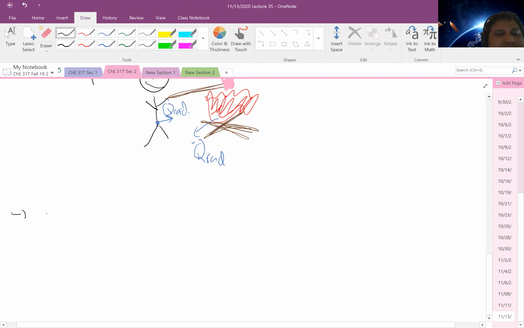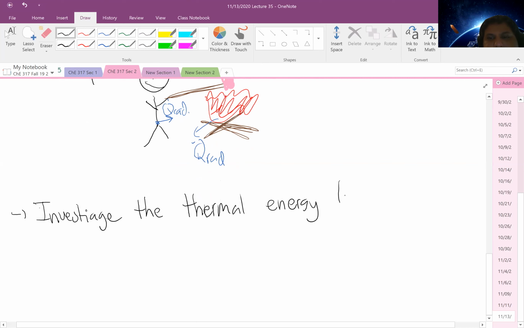And so if we're going to investigate the thermal energy transfer or heat transfer by radiation, it's going to require, so let me rewrite this sentence.